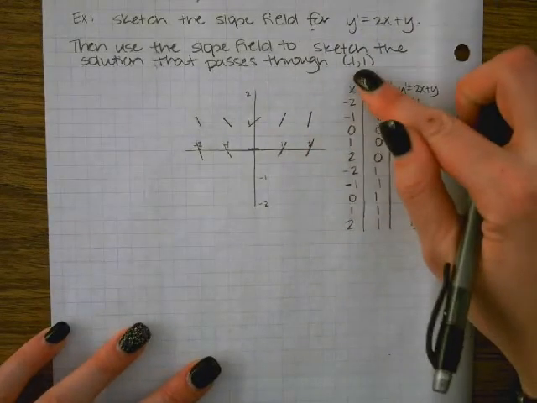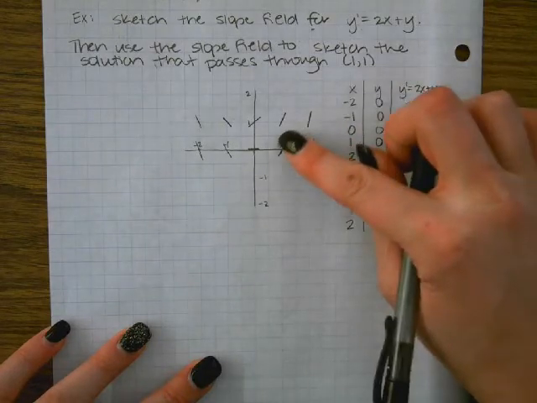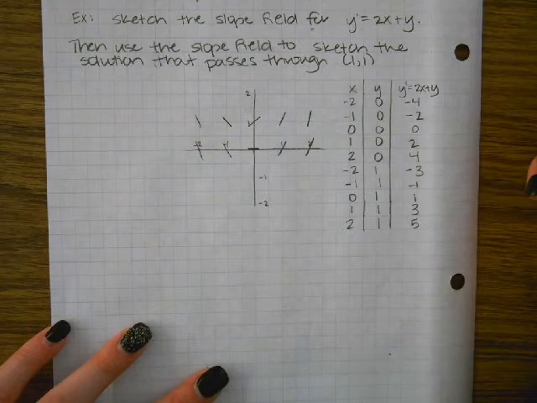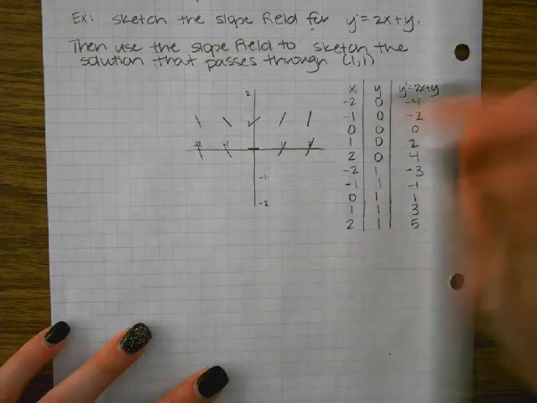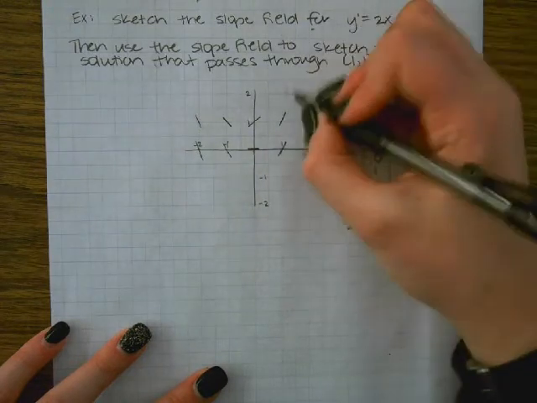Now, I know that I'm going to be trying to sketch the graph around the point 1, 1, so I'm going to need to have some more points right in here. Does that make sense? So I'm going to go ahead and do the point 1, 2, just to see what happens right there.